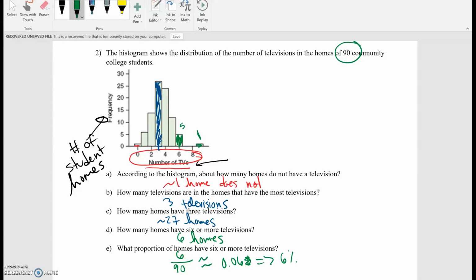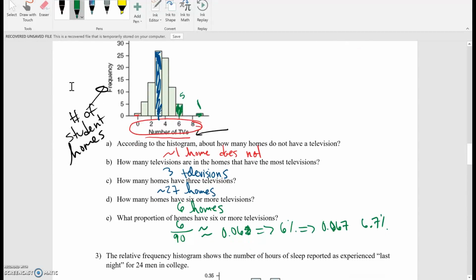If you wanted to round, it would be around 0.067, or 6.7%, or 7%. I didn't tell you what to round to, but this would be just what it is.